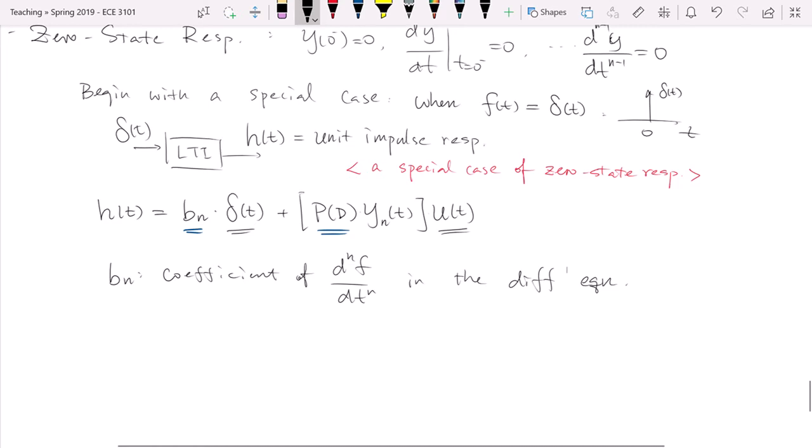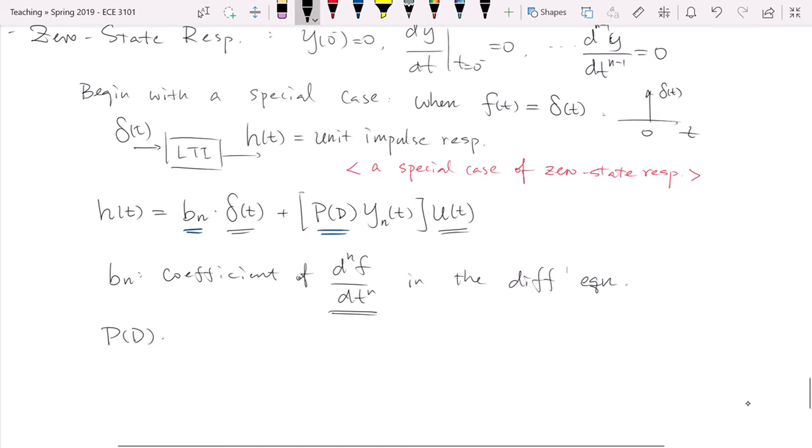And n is the order of the highest derivative on the input side. In some cases, you may not have this term on the right hand side of your differential equation. If that's the case, that simply means Bn is equal to 0. And in the examples that we have discussed above in this chapter, all of them have Bn equal to 0. That is because we want the system to be strictly causal, and we'll come to that as well. Okay? But this is what Bn means.